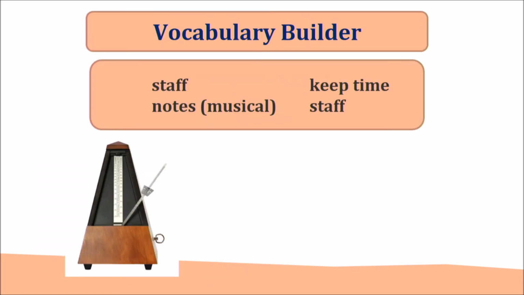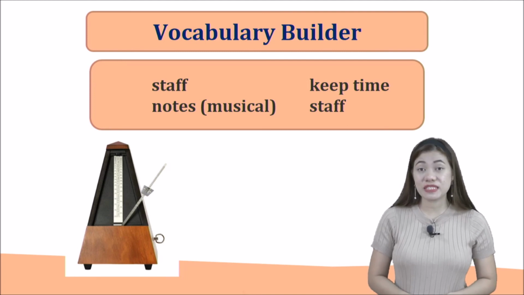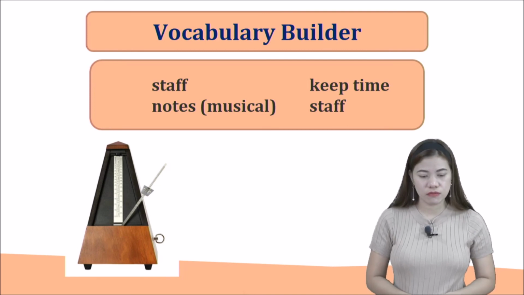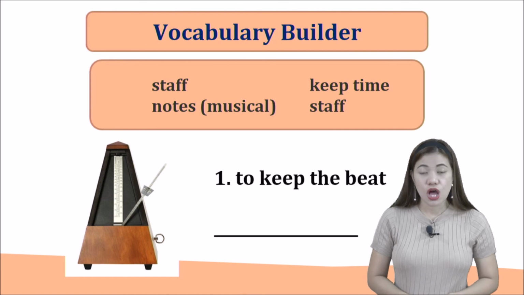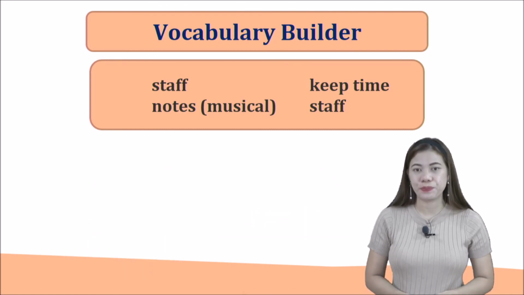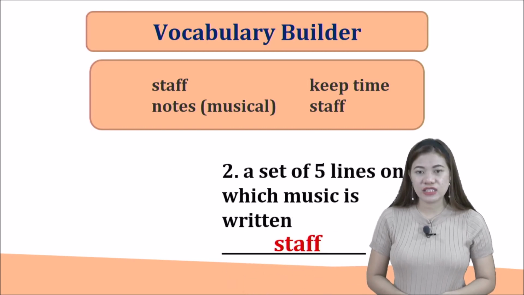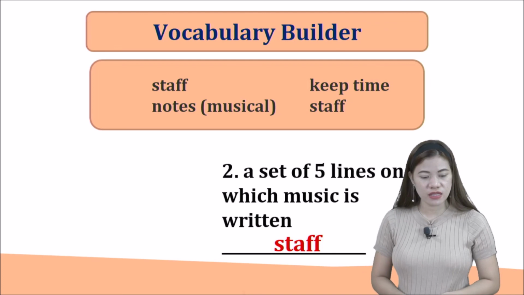Okay? Now let us proceed to our vocabulary builder. We have the choices here: staff, notes, musical, keep time, and rest. Okay, number 1, to keep the beat is called keep time. Number 2, a set of lines on which music is written is called staff.